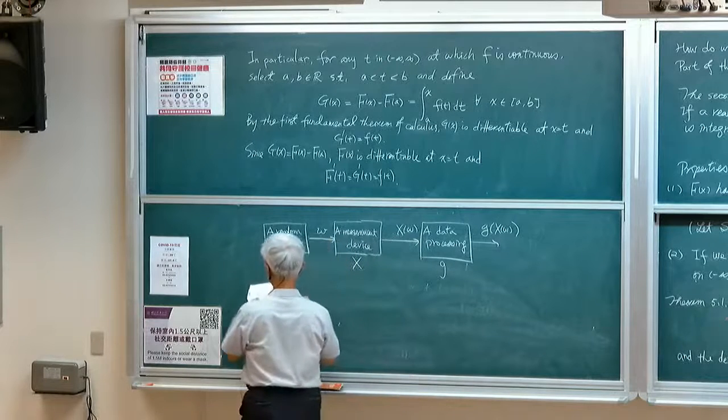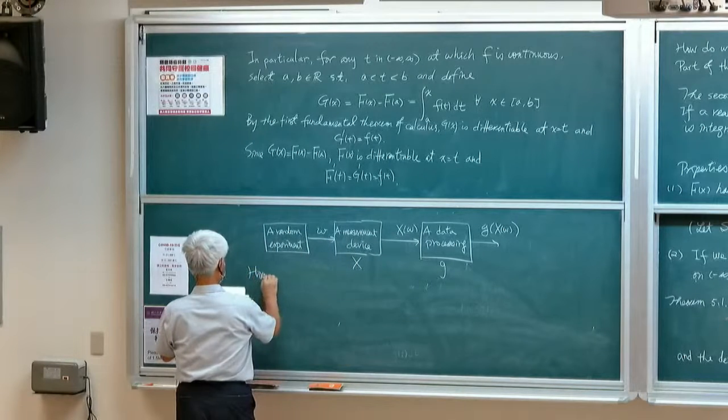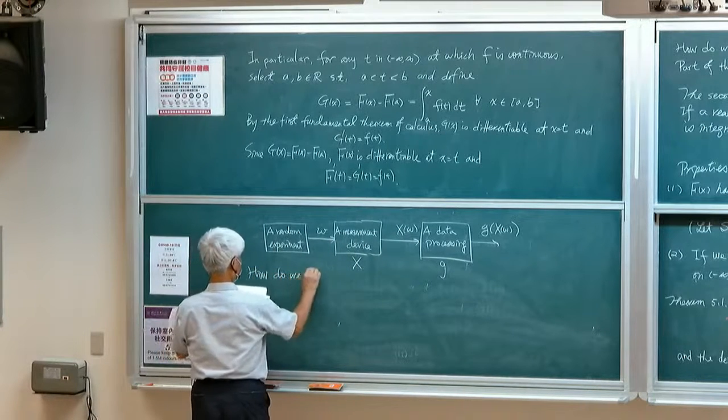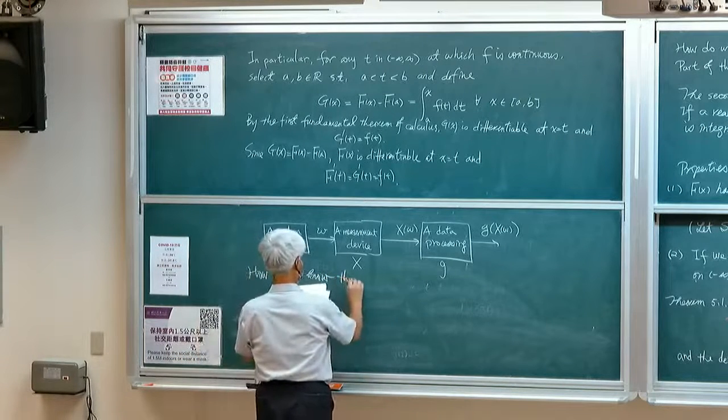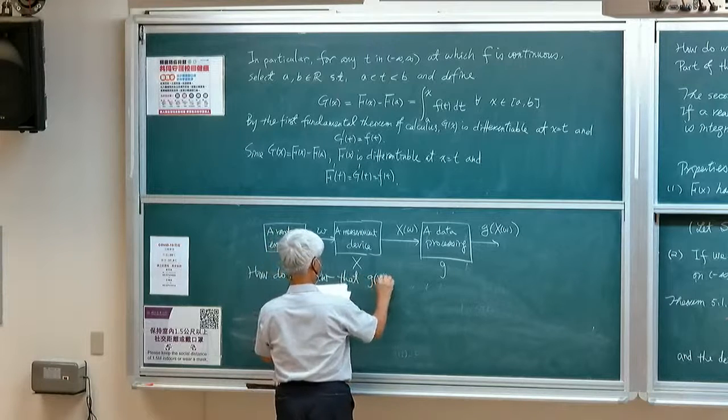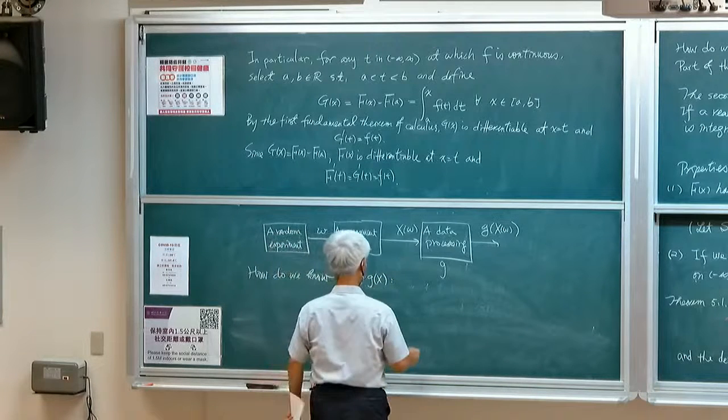Okay, so a question is, how do we know that G of x is a random variable too?